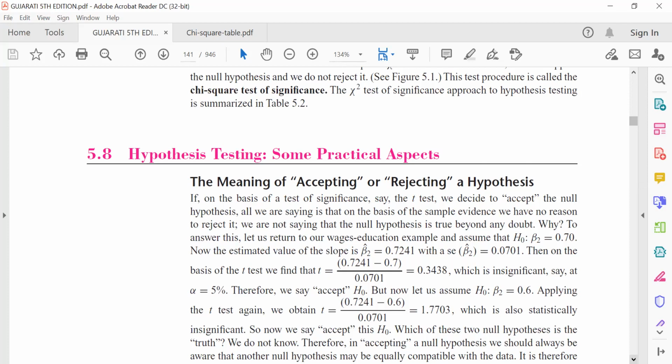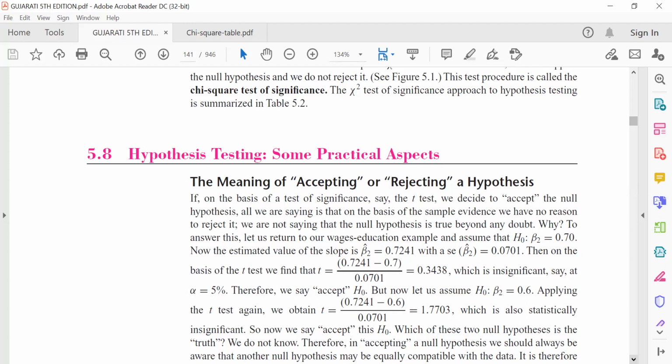Based on the formula we mentioned already, the calculated t value is 0.343, which is insignificant. We say that at the 5% level, we accept the null hypothesis.